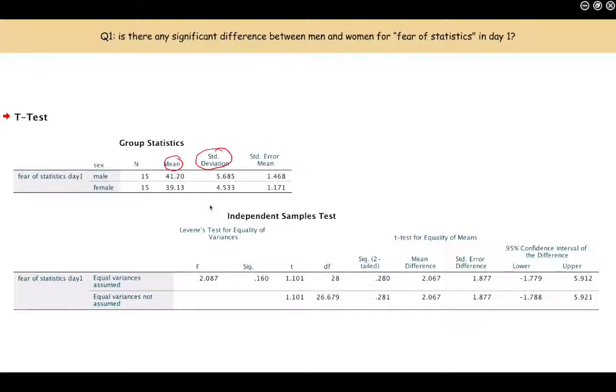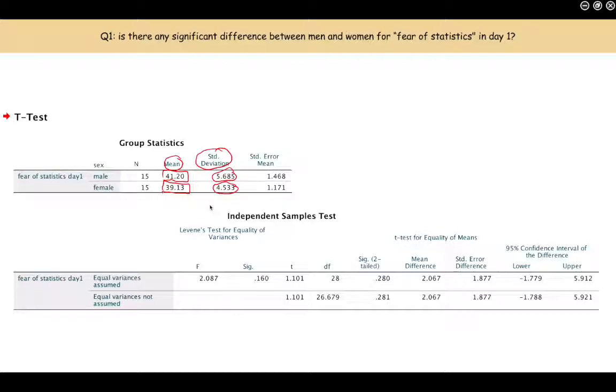The fear of statistics in males is 41.2 and in females is 39.13, which shows that the fear of statistics on the first day is higher in males than females, with a difference of around 2 on the scale. The standard deviations are also different, but we still cannot say whether the difference is significant or not.